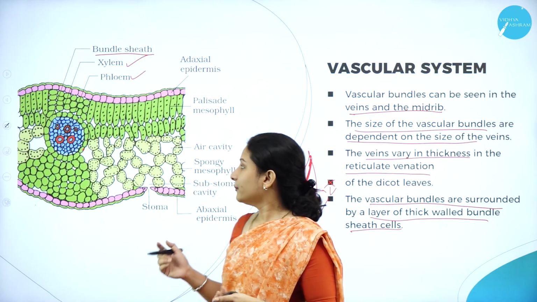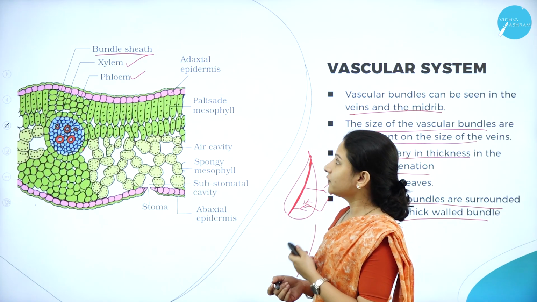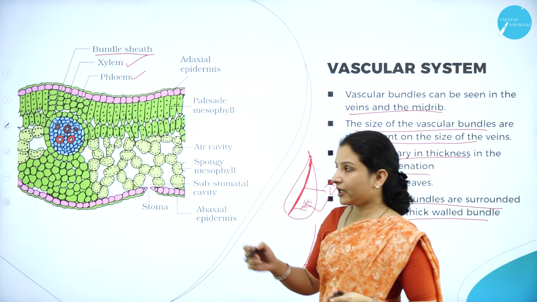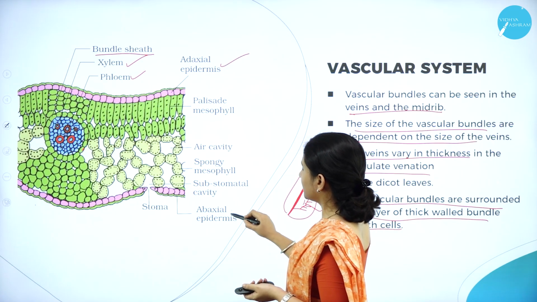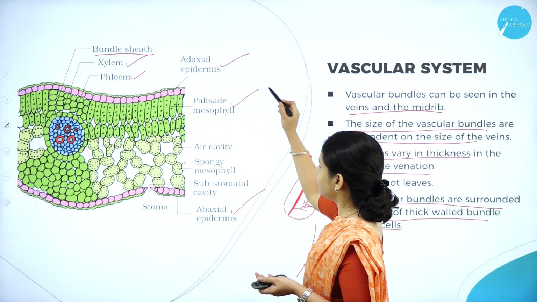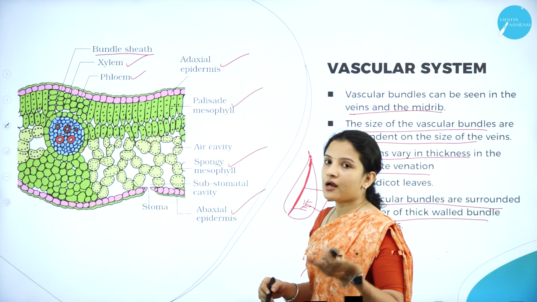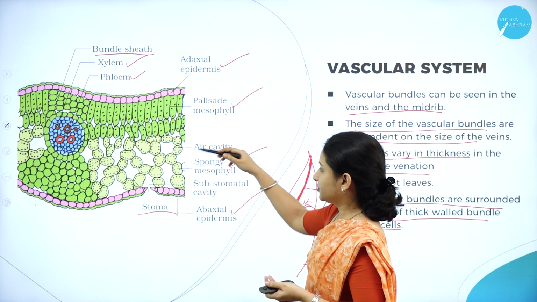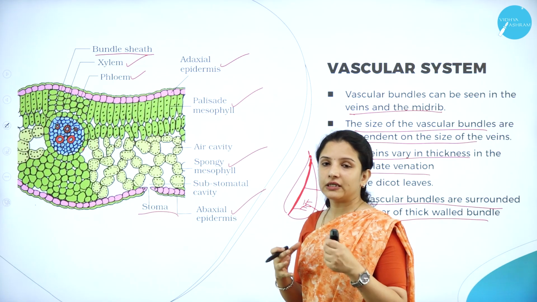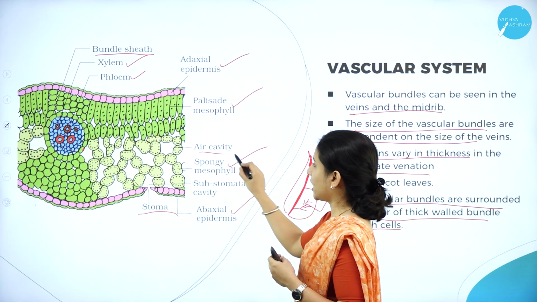This is about the anatomy of the dicotyledonous leaf, wherein we have the adaxial epidermis, then the abaxial epidermis, and the mesophyll cells, which are made up of palisade parenchyma and spongy parenchyma. The spongy parenchyma is filled with intercellular spaces, that is nothing but large air cavities.